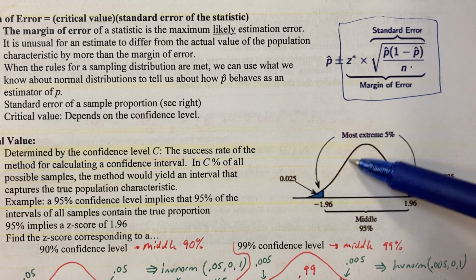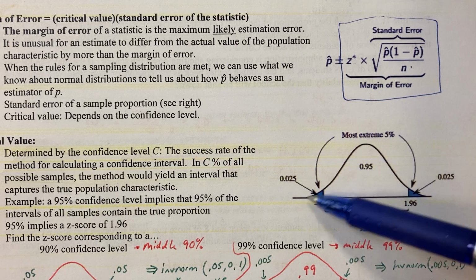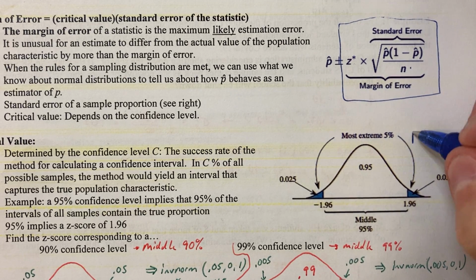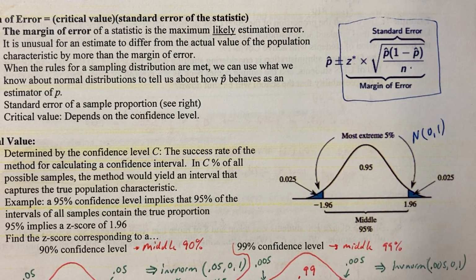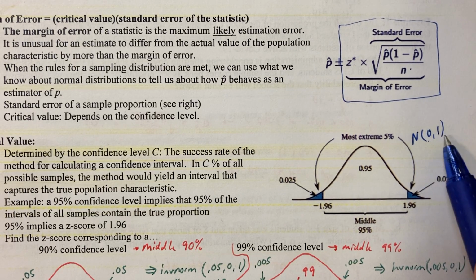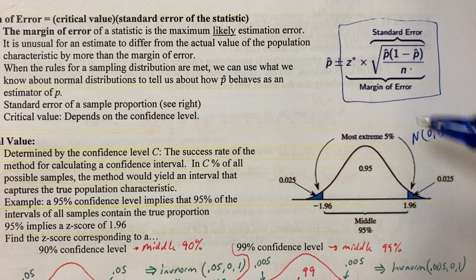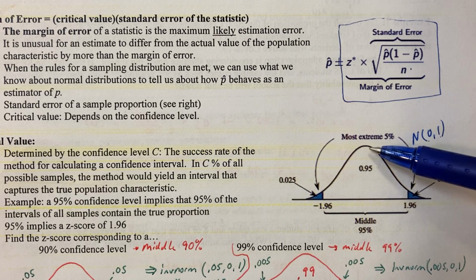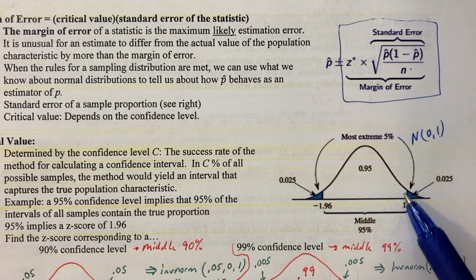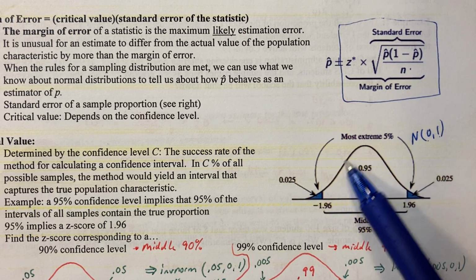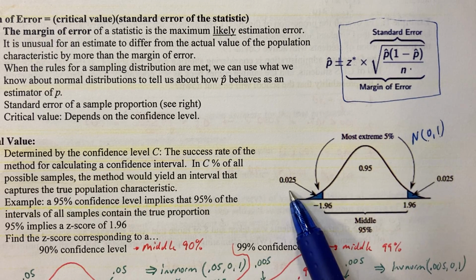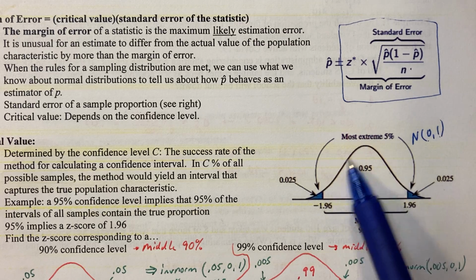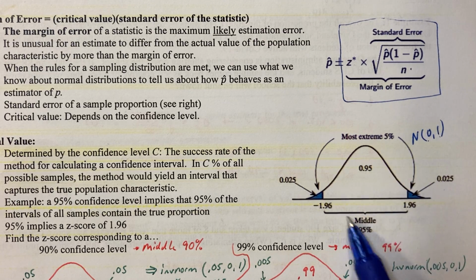You take a normal distribution, standard normal, centered around 0 with a standard deviation of 1, and then we want 95%, so we want the middle 95%, which means you have the tails of 0.025 and 0.025, thus making 95% in the middle.